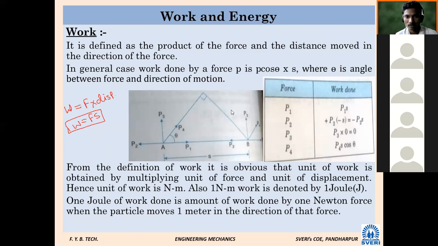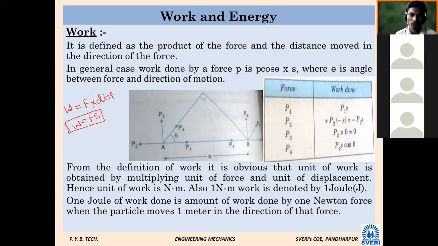In case of work done by a force, if the force is inclined, it is not always possible that the force is applied in the horizontal direction and the object moves in the direction of the applied force.